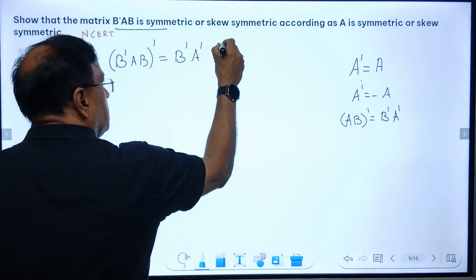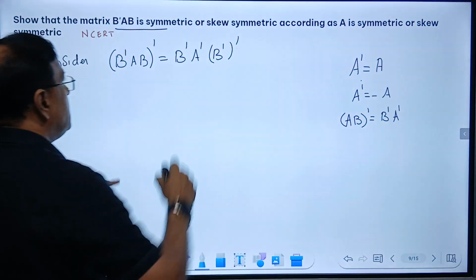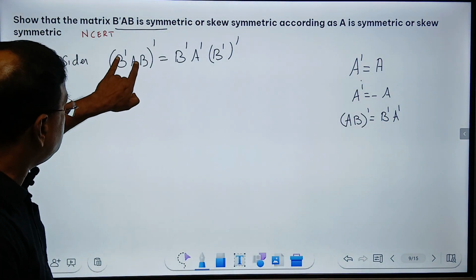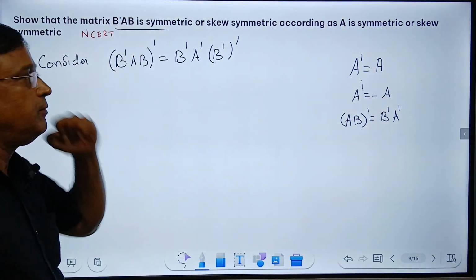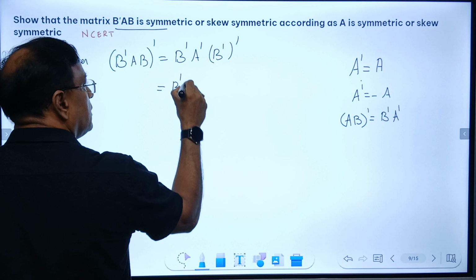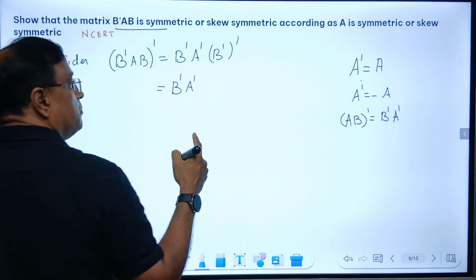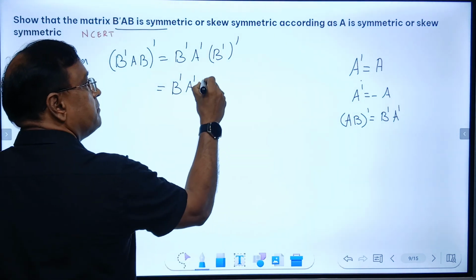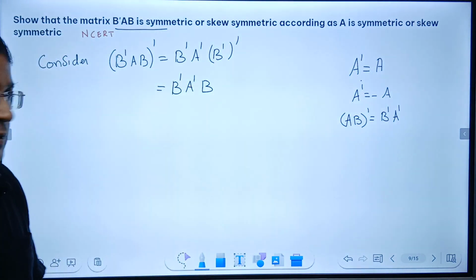What is that? B transpose of transpose. I hope you are able to correlate this result with this. You have to put the transpose in the reverse order. Okay. Now this is B transpose, A transpose, B transpose of transpose. You know B transpose of transpose is B. Correct?